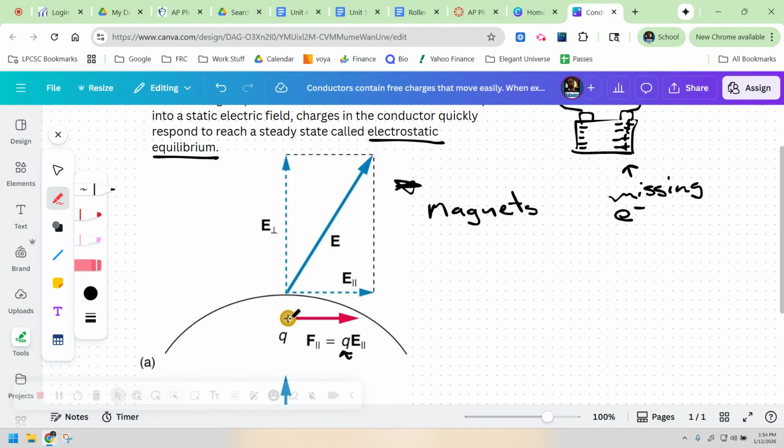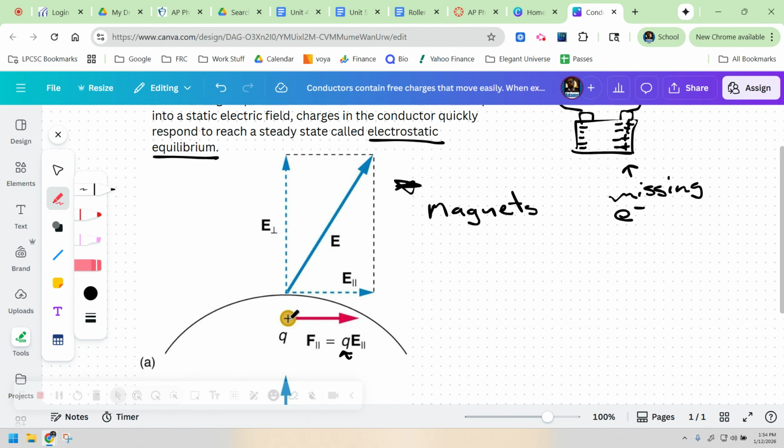And this could be a positive charge or a negative charge. In this particular one, they say a positive charge, which is interesting because electrons move, but we always call it a positive charge. We'll wait till we get to some examples of that.